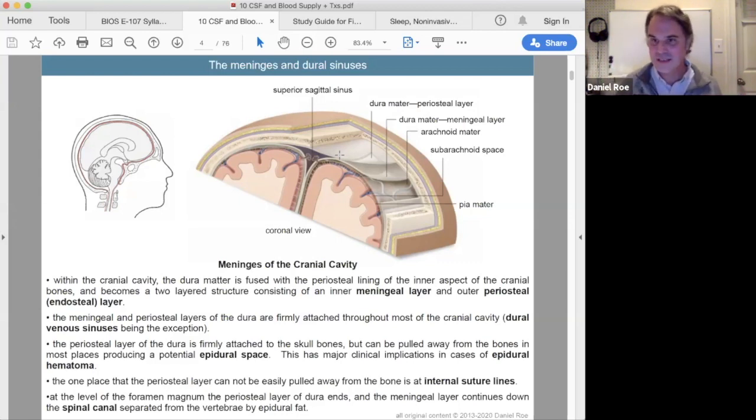And so I have to try to appeal to all of those different skill sets and knowledge bases and so on. So at some point you may have learned that the meninges is trilaminar. There's a little more to it than that. But that's basically correct.